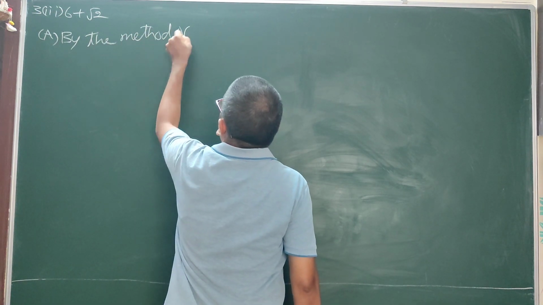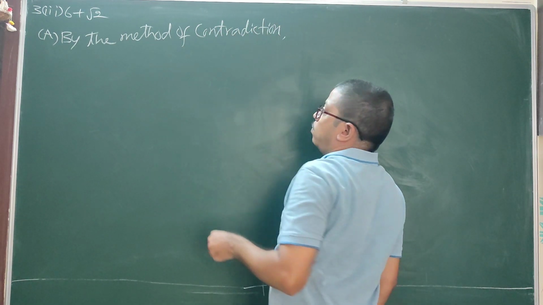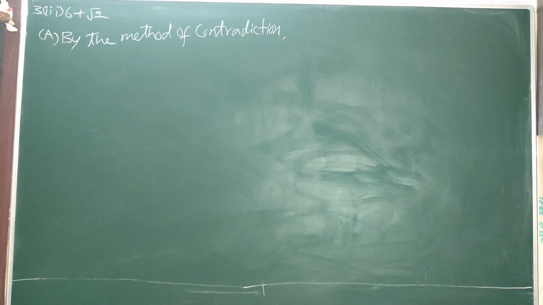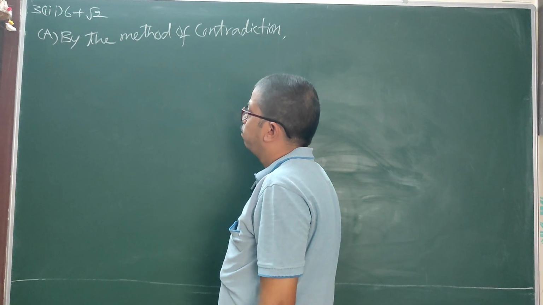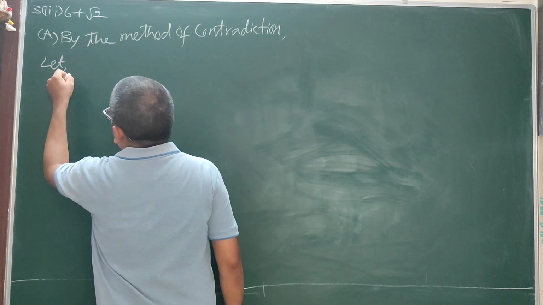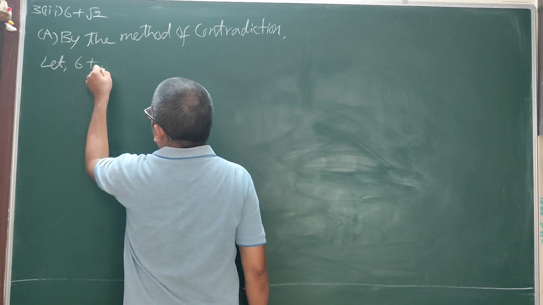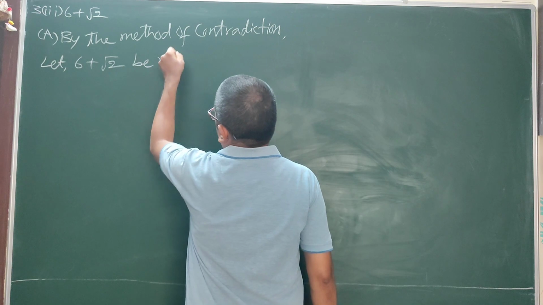By the method of contradiction, let 6 plus root 2 be rational.